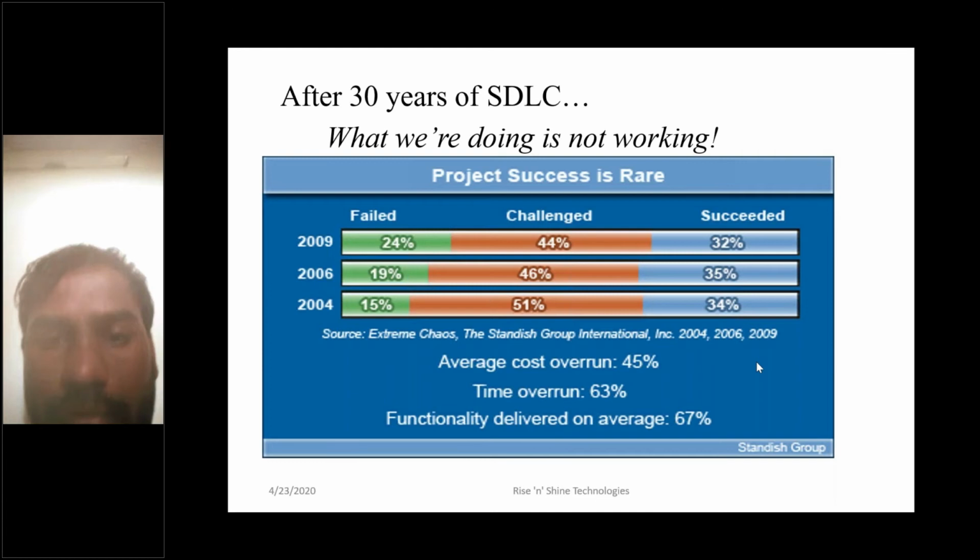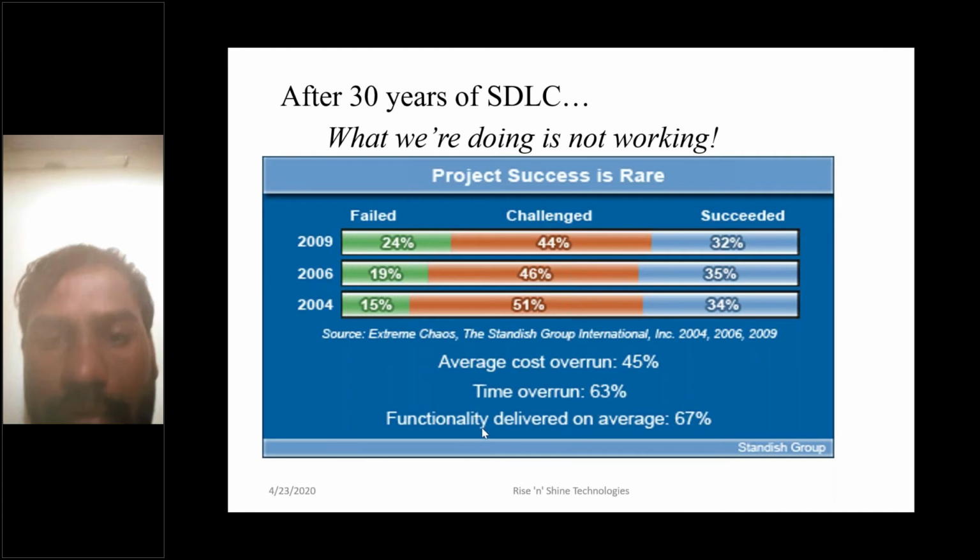In the projects, if you observe some statistics, on average, cost overrun is 45%. I mean, they plan initially, let's assume, 100 rupees, but it extends to 145 rupees by the end of the project. Time overrun: they planned 1 year, but it extends to 1 year 4 months, or 6 months.